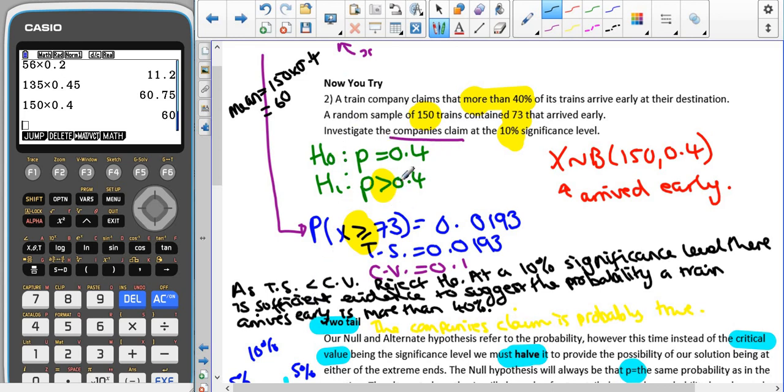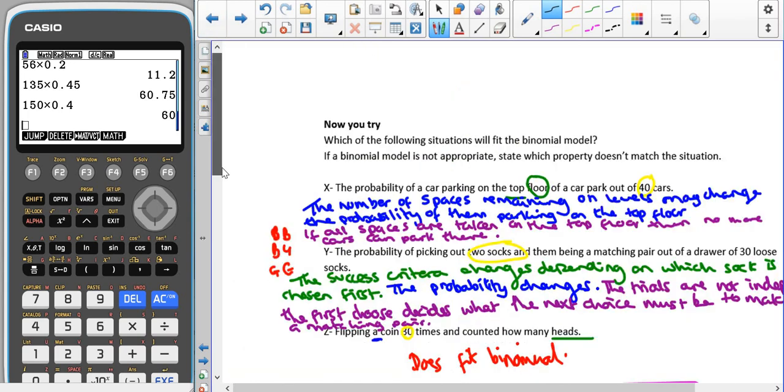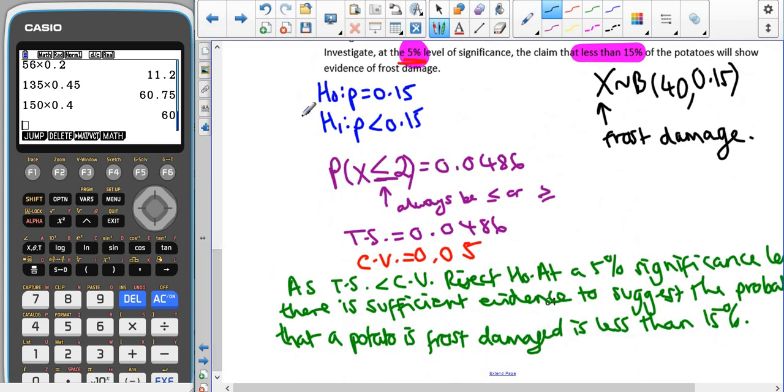And again, if we have a look at the question before this, the mean would be np, so 40 times 0.15, which gives us 6. So this time we had less than, because 2 is less than we were expecting.